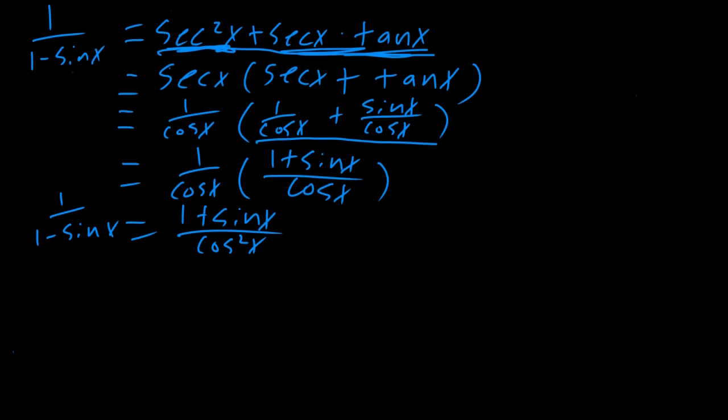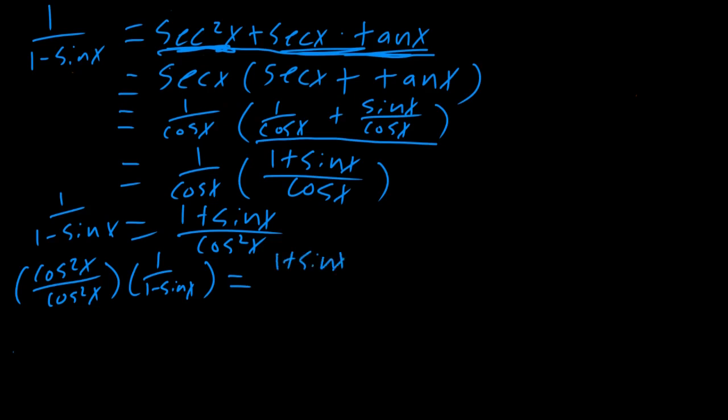So we can multiply 1 over 1 minus sine of x by cosine squared of x. And then we can multiply 1 plus sine of x over cosine squared of x by 1 minus sine of x over 1 minus sine of x.